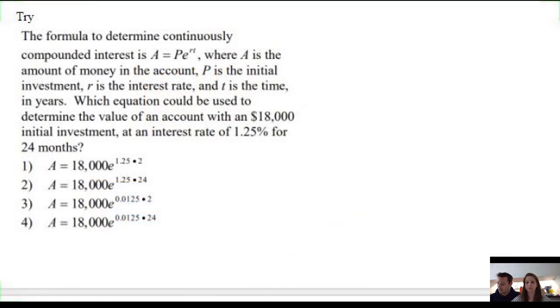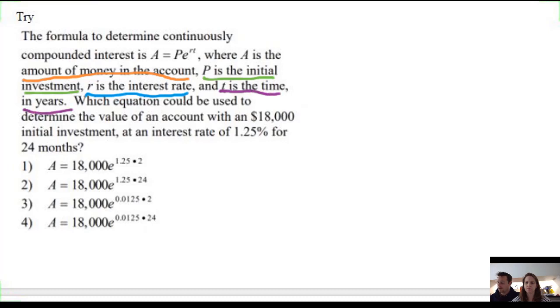The formula to determine continuously compounded interest is A equals PERT, P e to the rT, where A is the amount of money in the account, P is the initial investment, r is the interest rate, and t is the time in years.